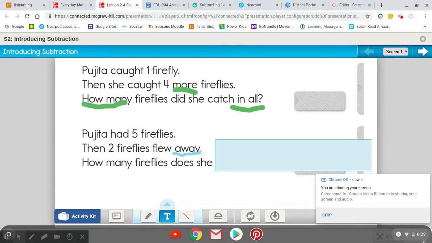I want you to go ahead and write the word away in your journal. Okay? As we go through our subtraction, we'll continue to add more words to this list that share that we are subtracting. These words will then be a resource for you that you can look back on. So in this case, away, I also want you to write take away.